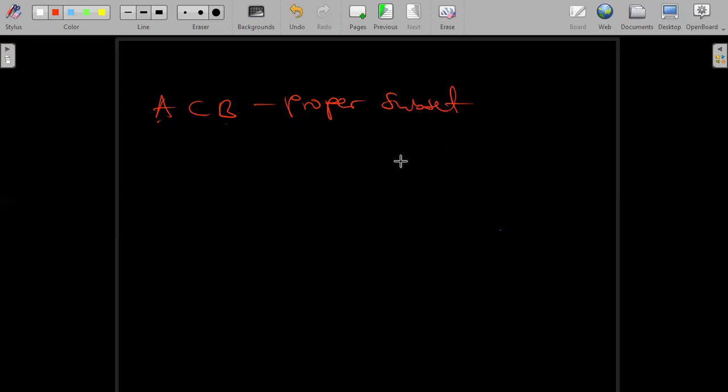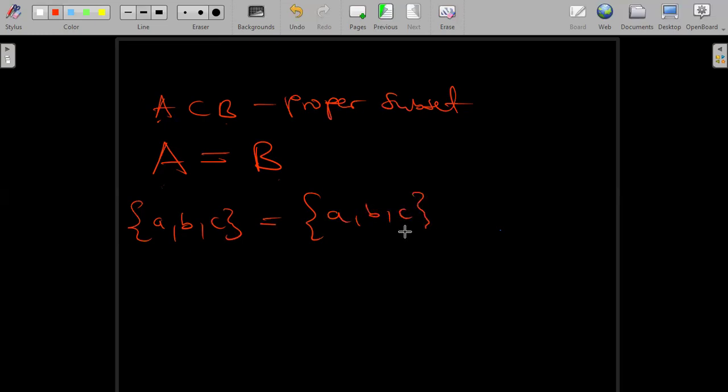Another thing that we'll look at is equal sets. Two sets are said to be equal: A is equal to the set B if every element in A is also in B. So if I have a set A listed A, B, C, the set B also has to be listed as A, B, and C. They must have the same elements.